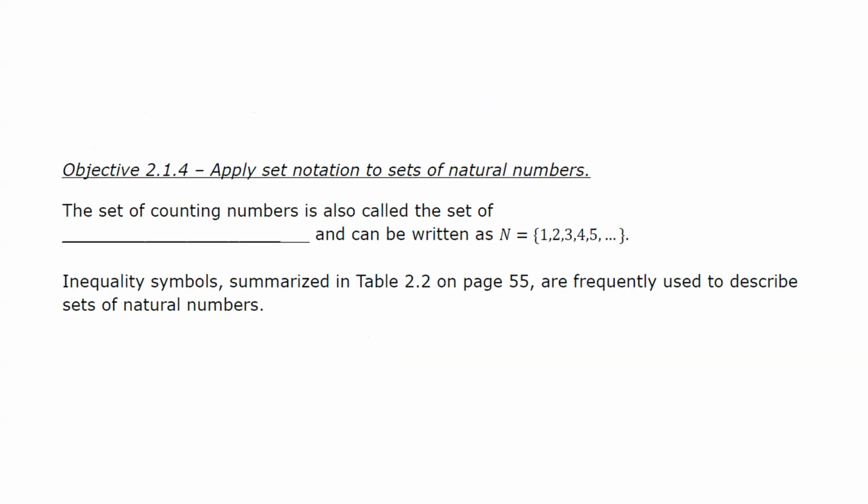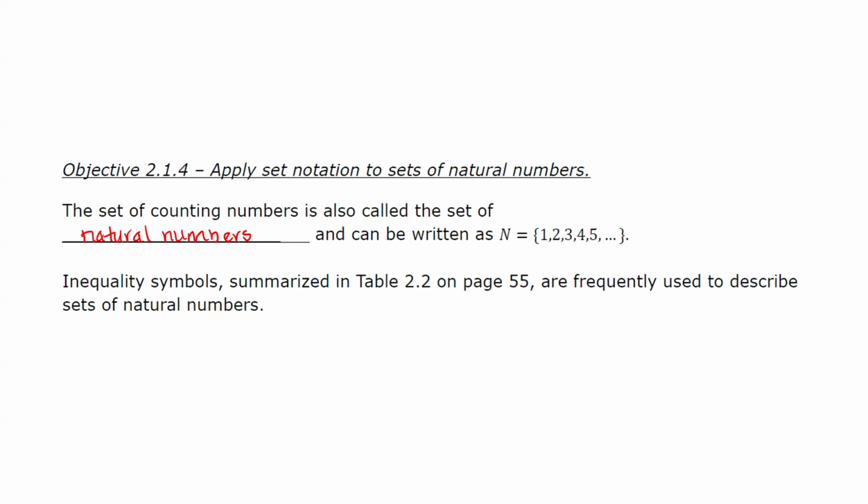Objective 4, apply set notation to sets of natural numbers. So the set of counting numbers is also called the set of natural numbers, and can be written as the set N equals 1, 2, 3, 4, 5, and so on.